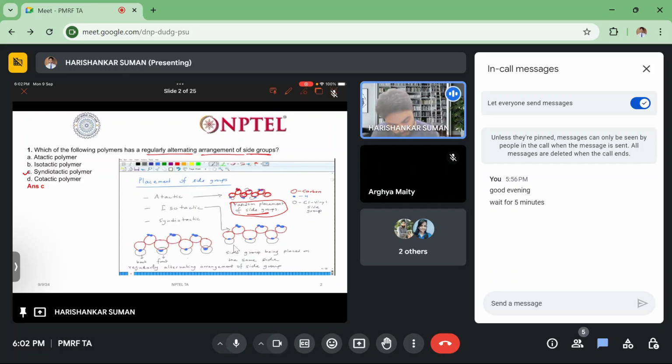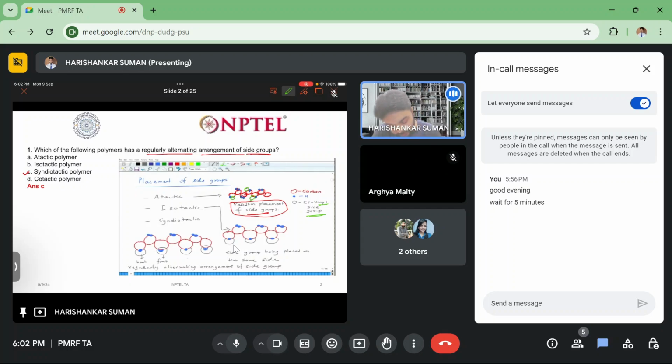Taking another color, this is an H atom, and it also has a vinyl, chlorine side group.